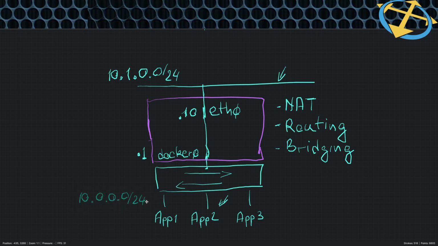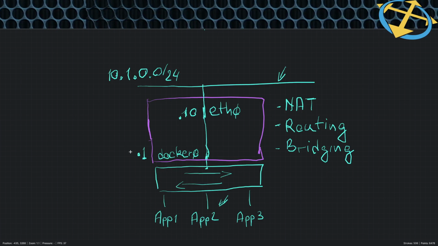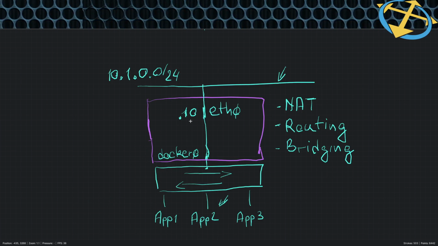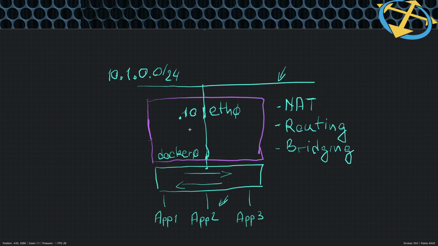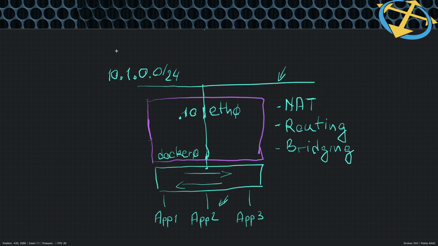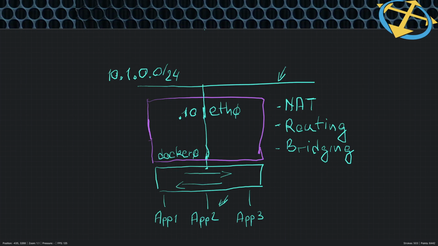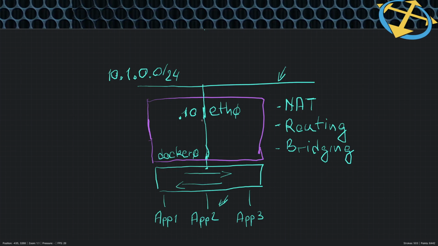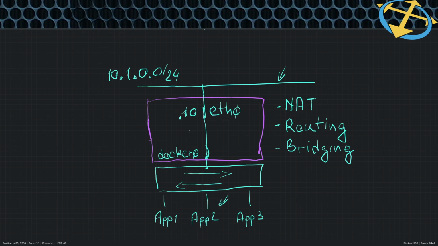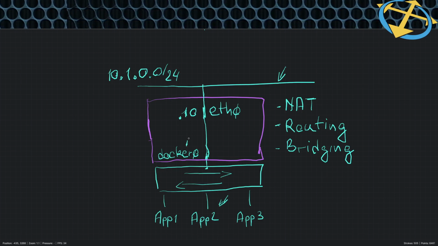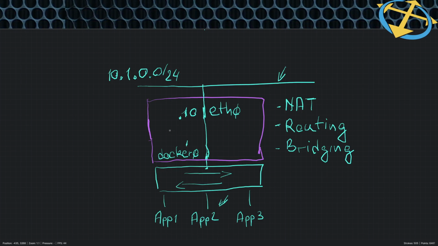All right, and I will only have one IP here on my Docker host. So the IP on ETH0 will disappear actually, and the IP will be assigned to the bridge object here.